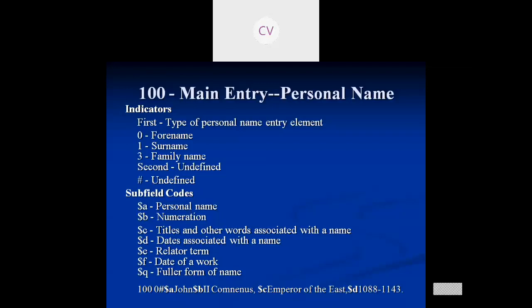So whether the 100 will be present or not depends upon the item being described. The decision is made according to the Anglo-American cataloging rules. As per the Anglo-American cataloging rules, if the main entry access point is the personal name, then you have to record it in the 100 field.